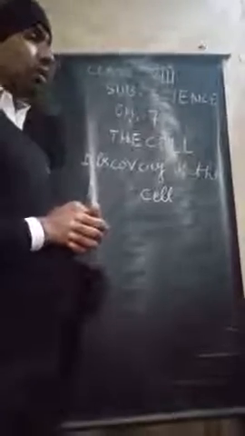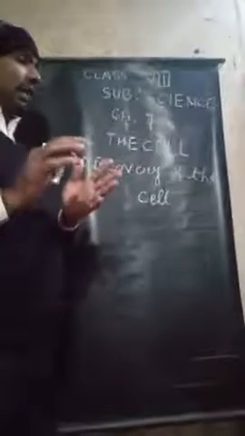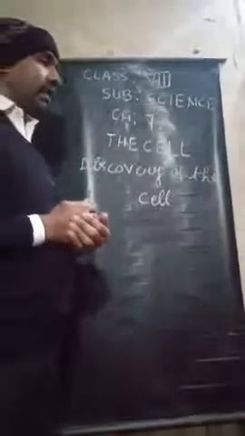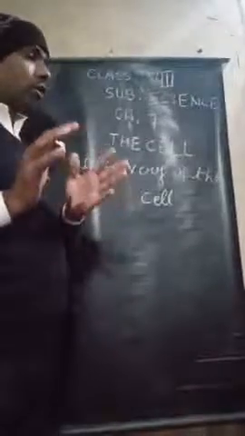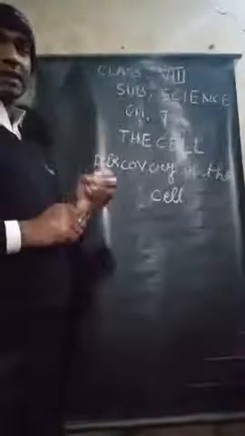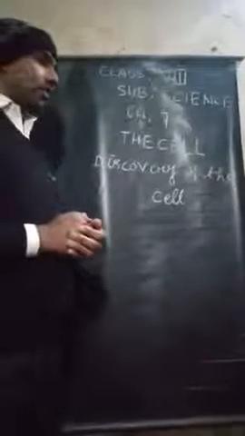He drew what he could see in his microscope and published the pictures in a book called Micrographia. He observed a number of teeny little box-like structures, and these little box-like structures were called cells by Robert Hooke.